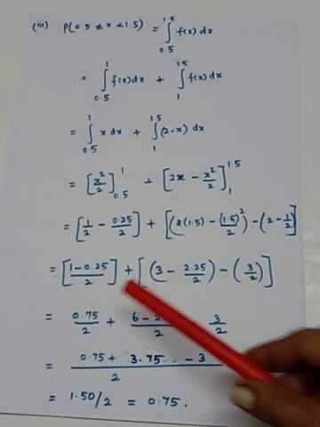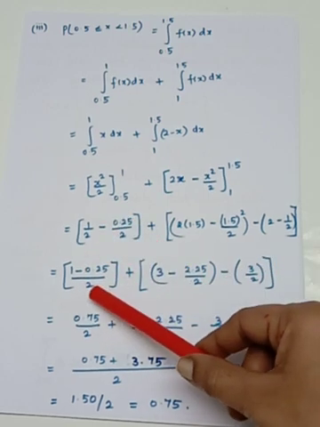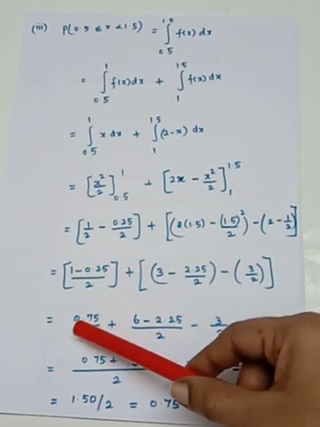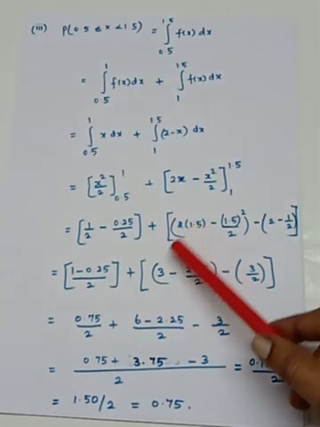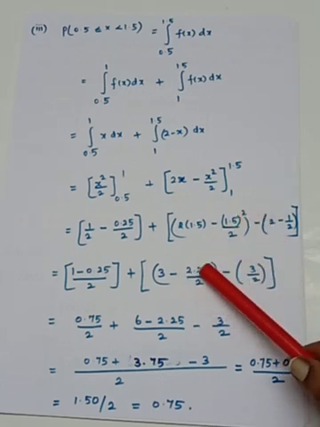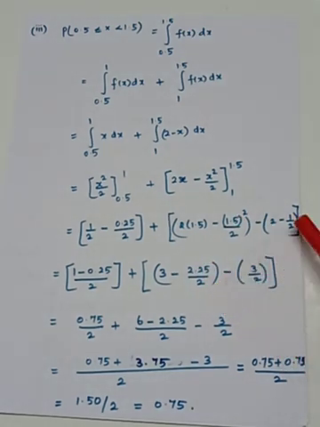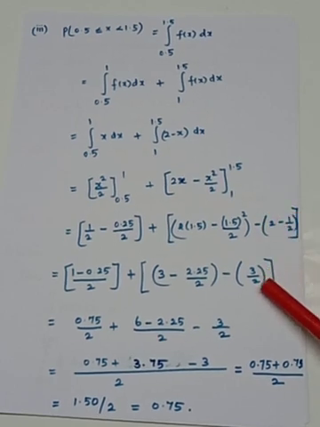So 1 minus 0.25 is 0.75 divided by 2. Here 2 into 1.5 is 3, minus 1.5 the whole square is 2.25 divided by 2, minus 2 minus 1 by 2. If you take LCM, 4 minus 1 is 3 by 2.